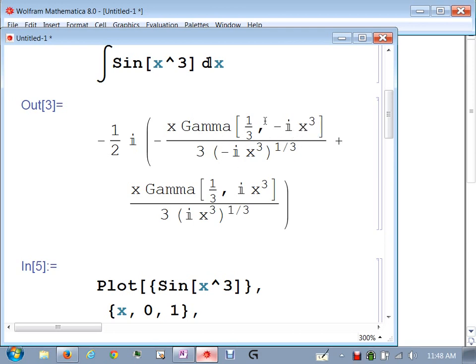What the heck? We haven't even studied gamma functions. You won't see them for a while, so this doesn't make a whole lot of sense to us right now.